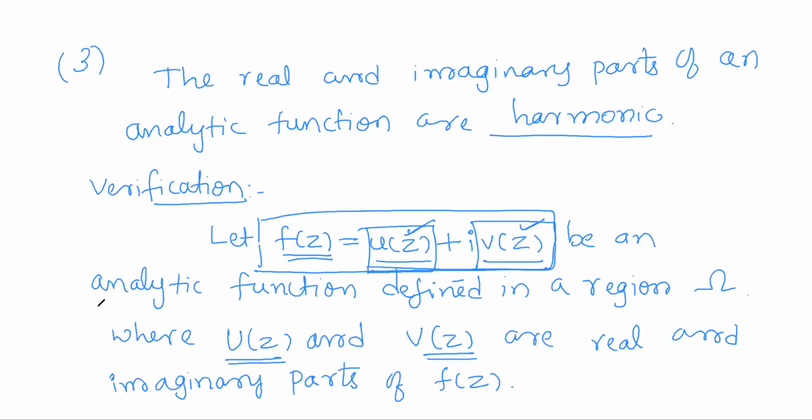Next, as f of z is an analytic function, it is continuous, right? We have seen analytic function means differentiable function, and all differentiable functions are continuous functions. So as f of z is continuous, u of z and v of z are continuous, obviously.